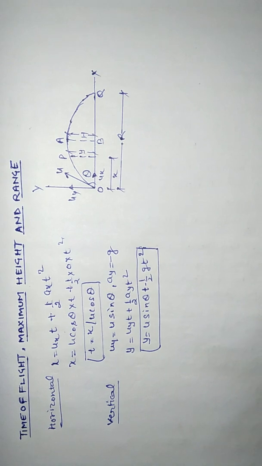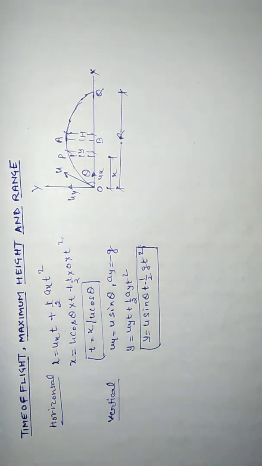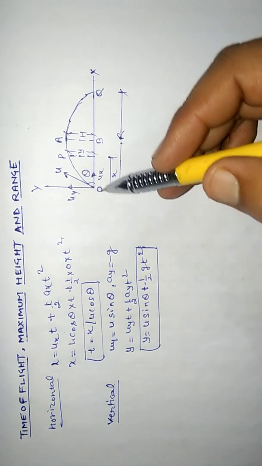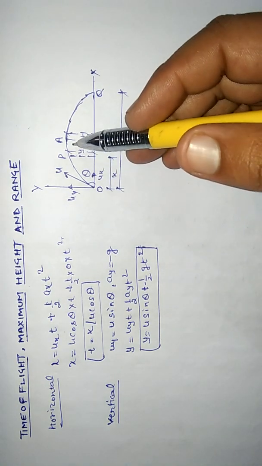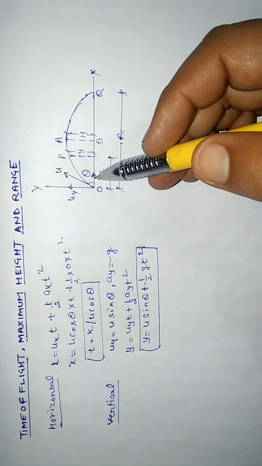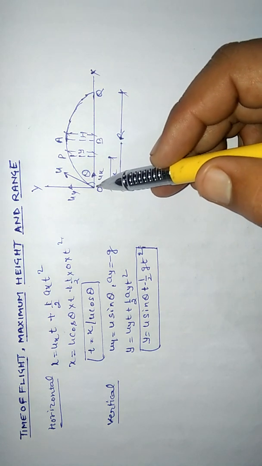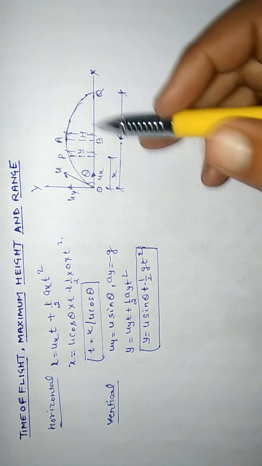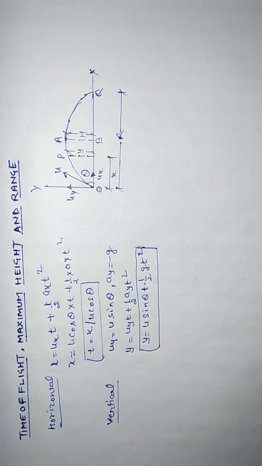Now coming to the time of flight, it is the time taken by the projectile to return to the ground, means the time taken from this point O to Q is known as time of flight.